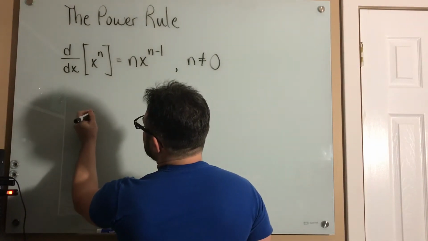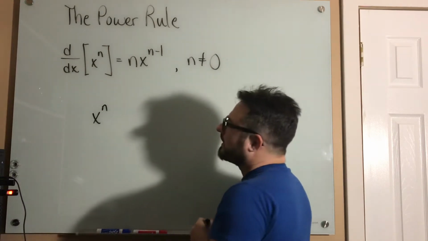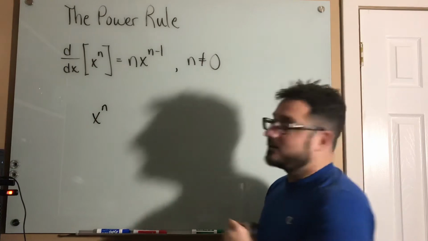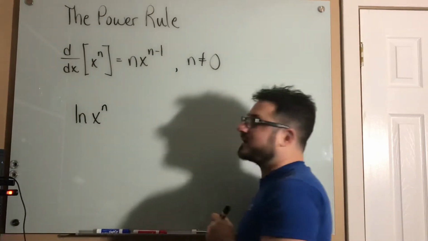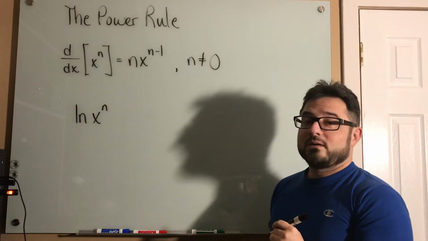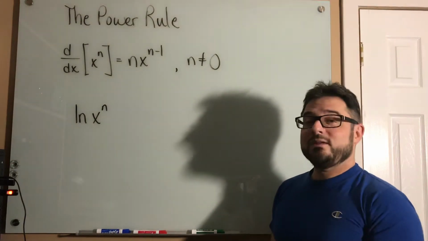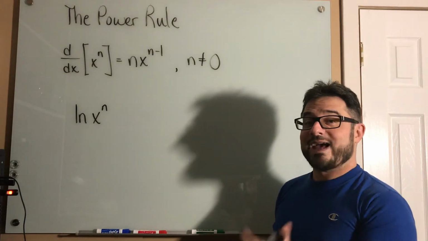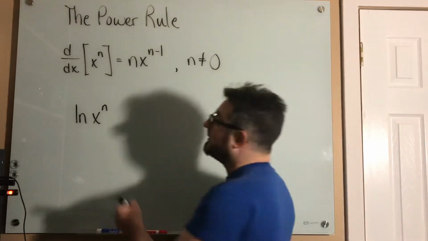I'm going to suggest that we can take x to the n and perform a logarithm on it. So we introduce this new operation. The very next operation has to be the inverse of this.